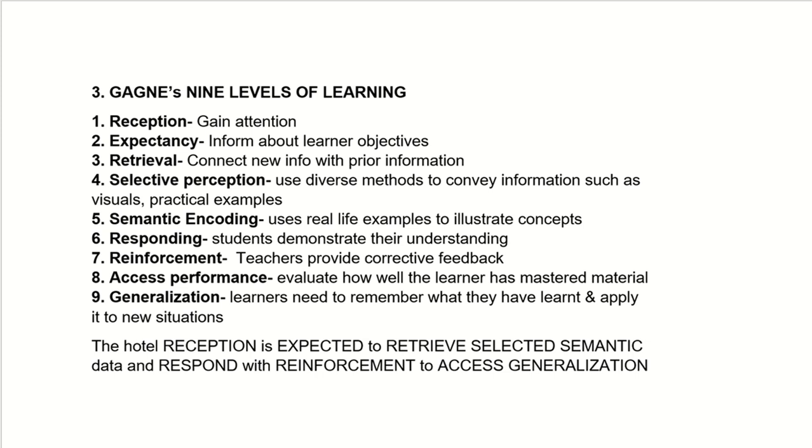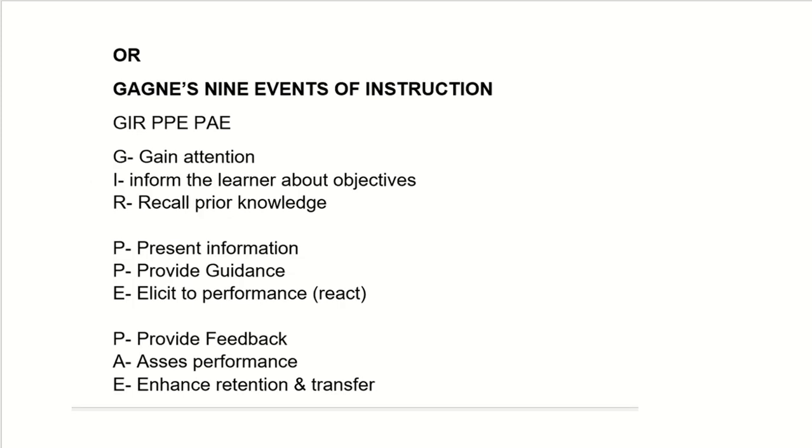Here, if you see the ones that are highlighted that I have already said, we have to remember that, as well as we also need to know the ones that are not in bold. Okay, but again, I will show you in the next slide that what we have to remember. Okay, so these are the 9 events of instruction.